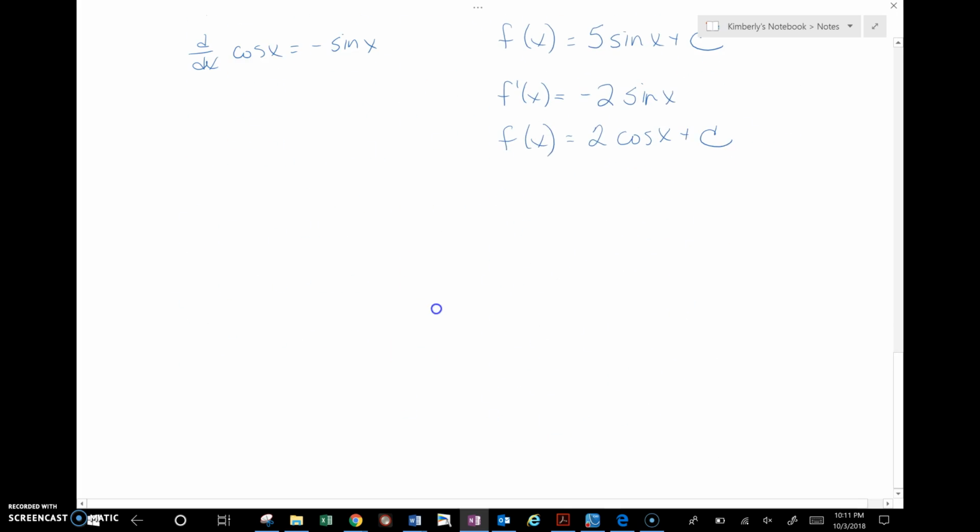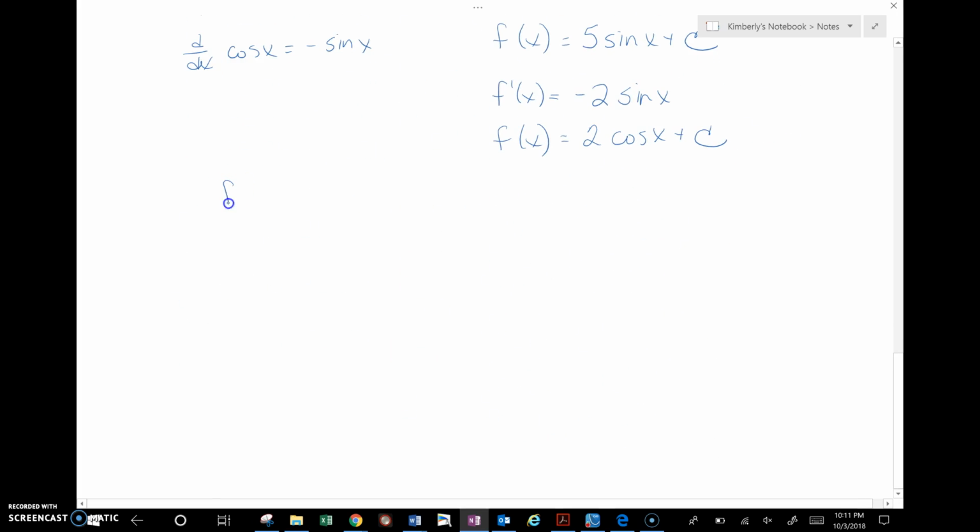So I'll show you how to handle something like that. If they tell you that f prime of x equals 3x squared plus 2x, and that f of 1 equals 5, then this piece of information right here is called an initial condition. An initial condition enables you to actually solve for C.